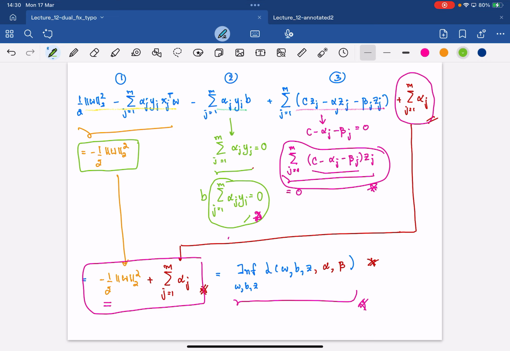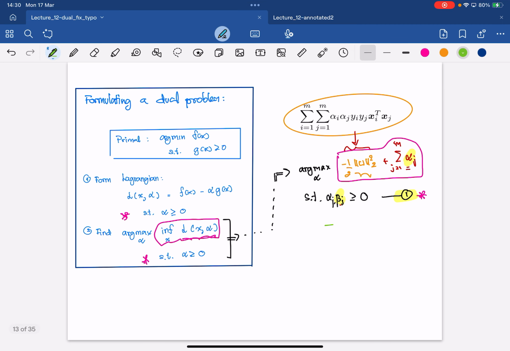That is, the sum of alpha j, yj has to be equal to 0, and c minus alpha j, beta j equal to 0. So there are two additional constraints that come along the way.